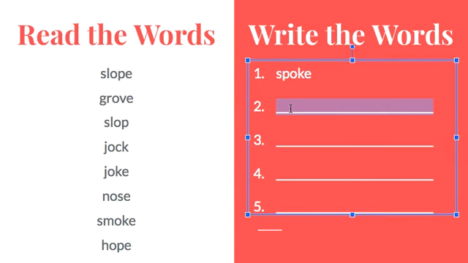Stone has four sounds. S, T, O, N. It follows our pattern because it has the long O sound followed by the consonant N. So we're going to use the vowel consonant E spelling. Stone is written S, T, O, N, E. It has the long O sound followed by a consonant, and so it has that silent E.